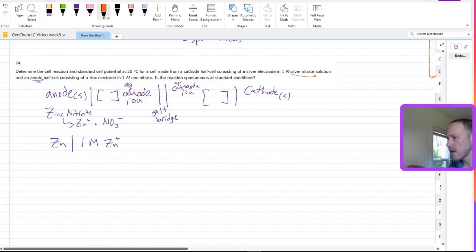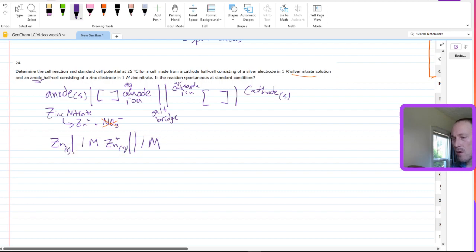You can see there's silver nitrate over here. It's just a spectator ion we're not really going to think about. I could write it in there, but the way I'm going to think about it, I'm just not. So here's our salt bridge, and then we have 1 molar, say this, it's implicit I think, but let's just put this to be good.